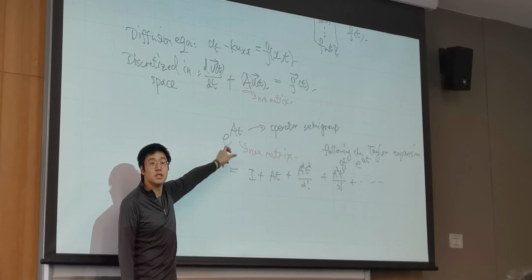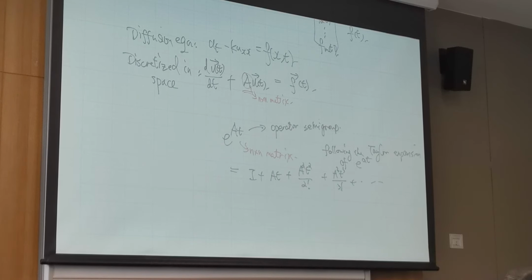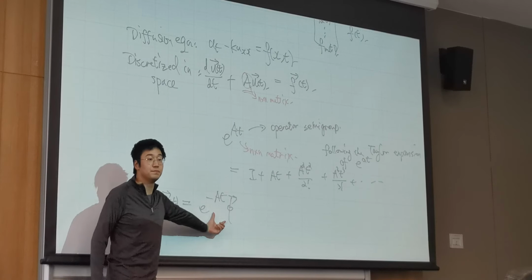Cool. Now, if I have e to the At, then I will be able to represent my solution u(t) directly as e to the At times phi. Don't forget my phi is now an n by 1 vector.